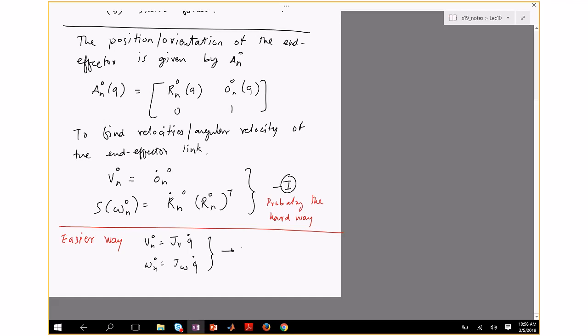You could write this as V_N^0 and omega_N^0 equals J_v, J_omega times q dot, where this is the Jacobian.